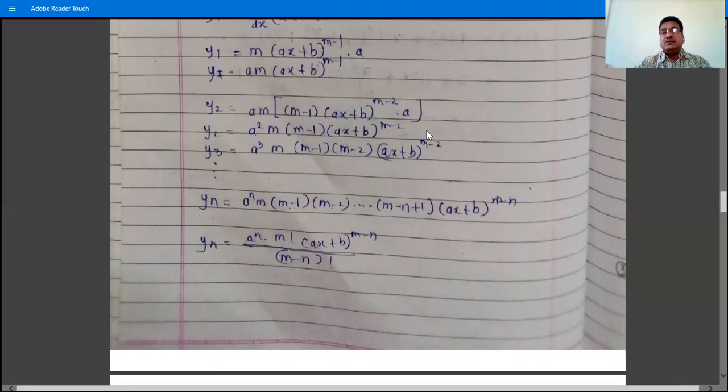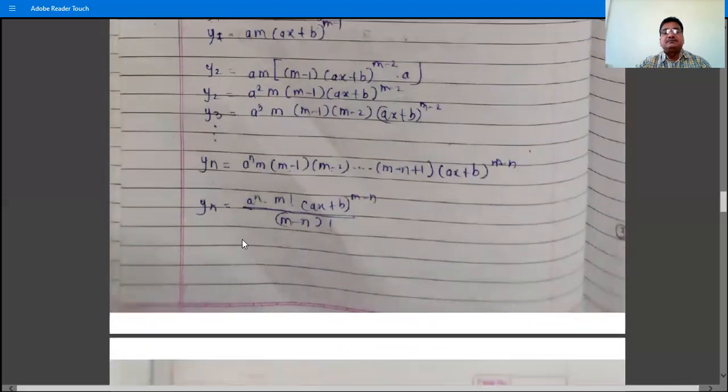And the power of ax plus b: in y2 it is m minus 2, in y3 it is m minus 3, so here it is (ax plus b) raised to m minus n for yn.